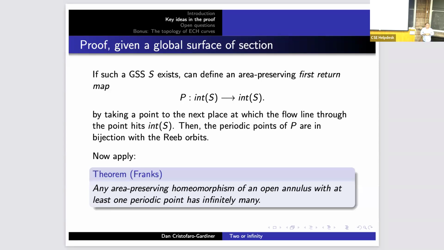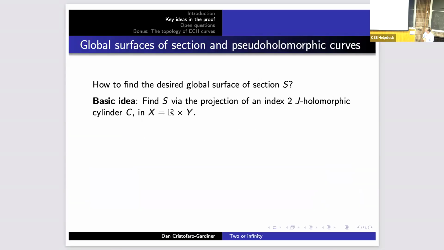Does the strategy make sense? Okay, so how are you actually going to find this global surface of section? Well, there's a beautiful idea with a long history, at least in the non-degenerate case, that we have to try to implement here.